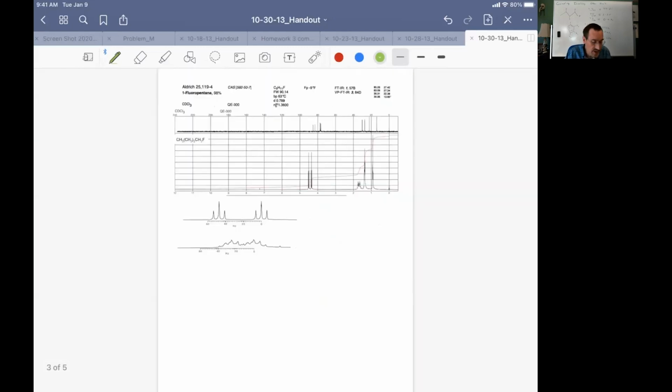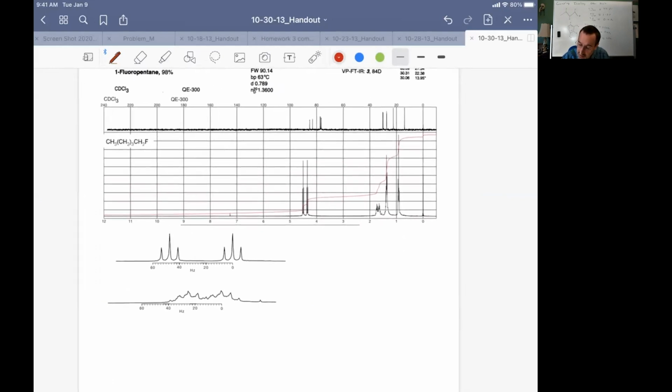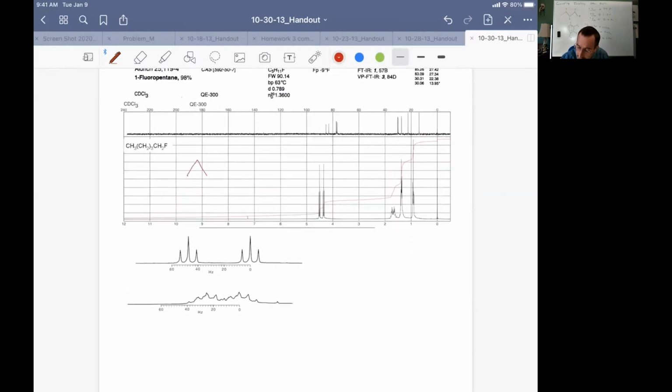So I want to come next to our next example, which is fluoropentane. And again, I've just taken this from Aldrich and pulled out the spectra.